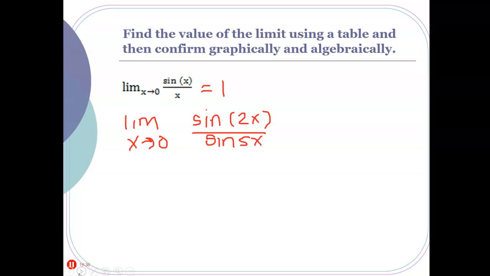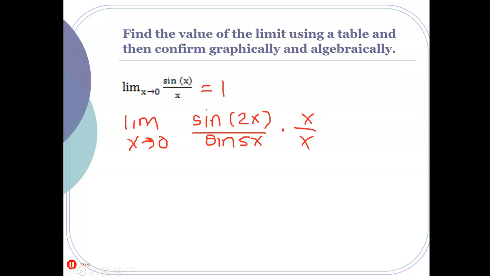So we can manipulate this problem in order to be solved using this rule. So we're going to multiply by x over x to help adjust for this.